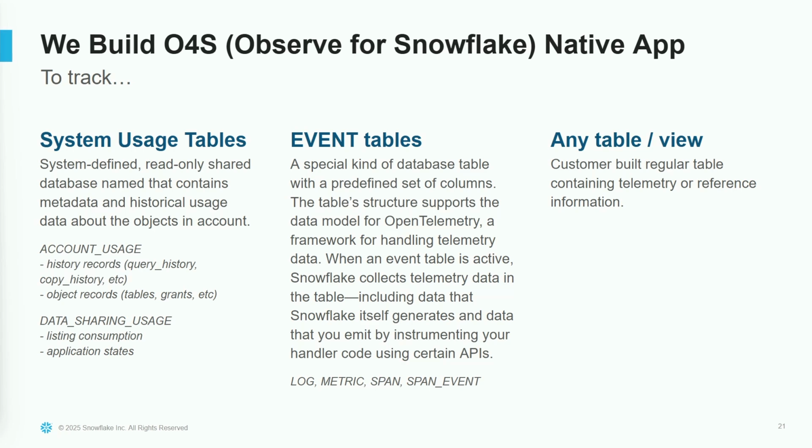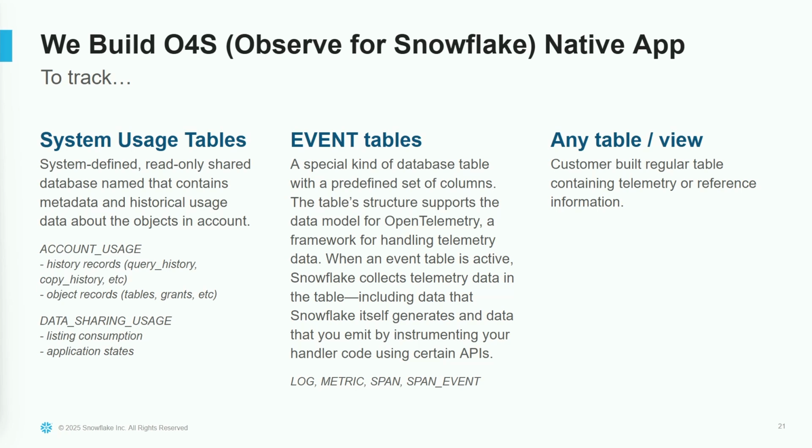As you know, there are system views inside each customer's Snowflake tenant about the usage of your account, such as login history, copy history, table views, or even grants. And in the second column, like Ari just mentioned, event tables, which are a new thing for application developers and Snowflake users to understand the usage and the internal telemetry of their application and data product.